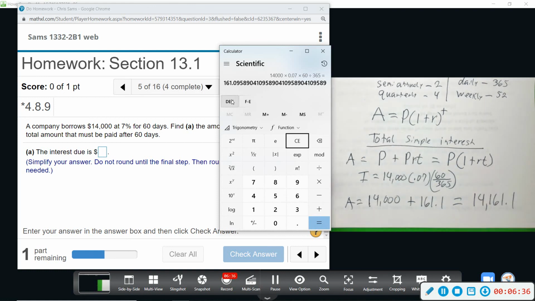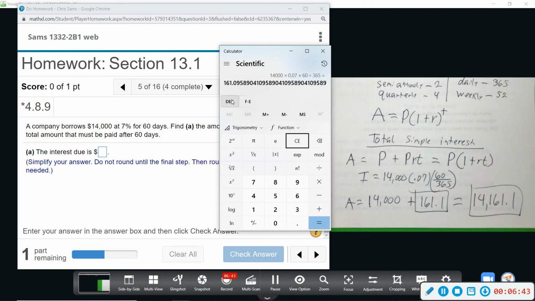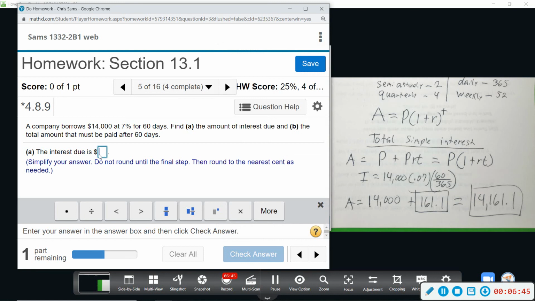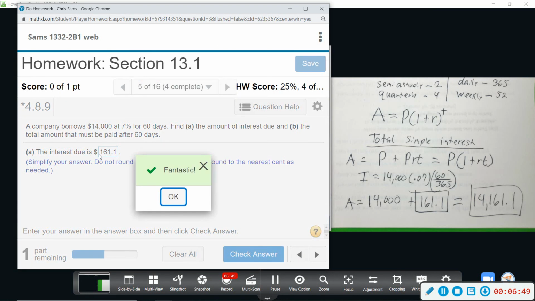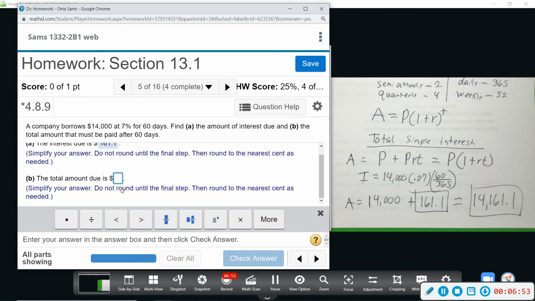So those are the two answers. One is looking for this part, one's looking for that part. So the first is the interest due, 161.1, and then the total amount due is the 14,161.1.